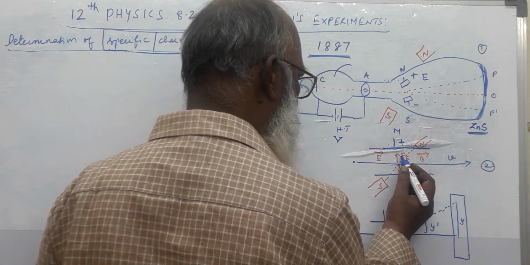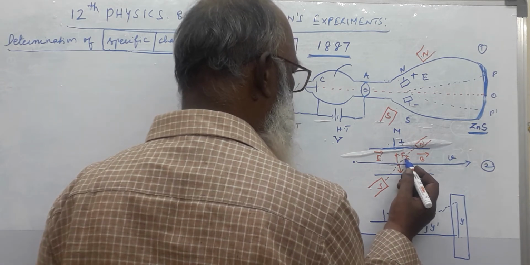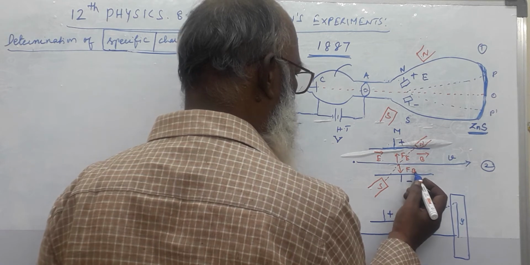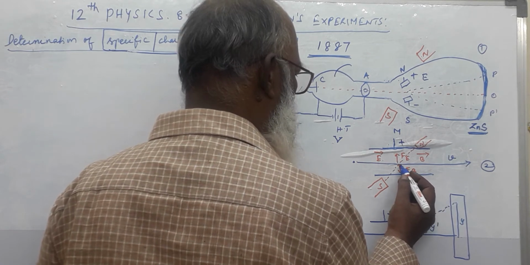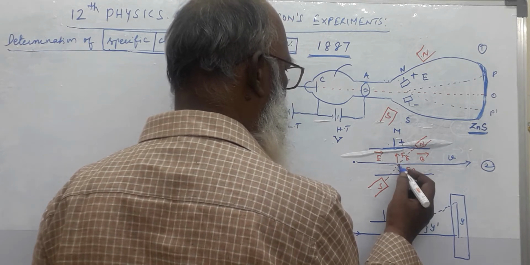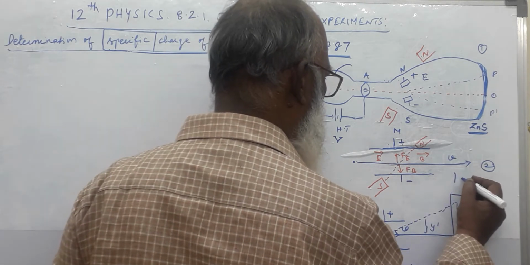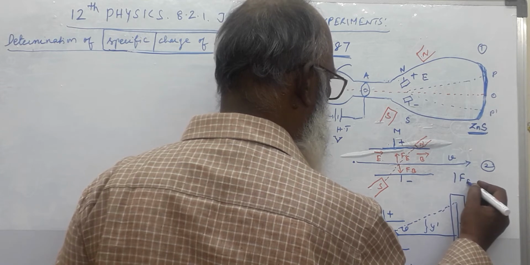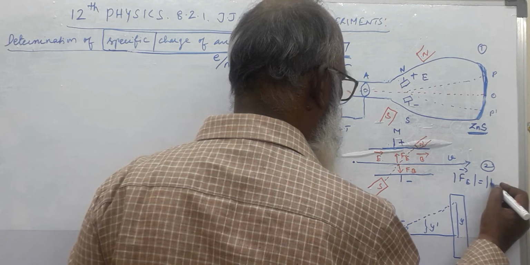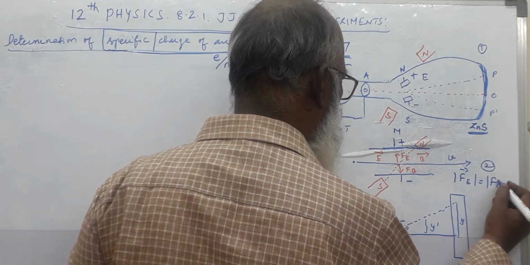Here the force Fe is the force due to the electric field and the force Fb is the force due to the magnetic field. Both are opposite and equal. The magnitude of the Fe vector is equal to the magnitude of the Fb vector.